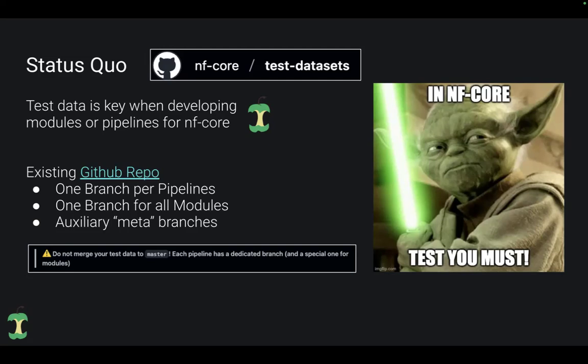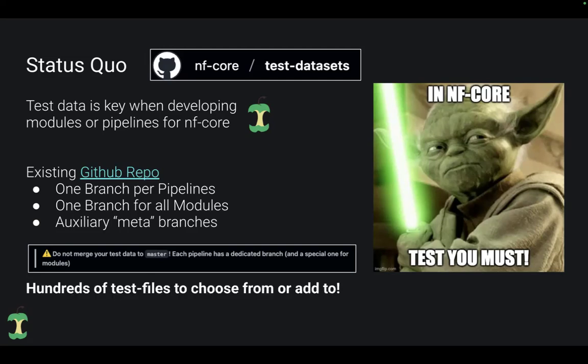It's part of the NF Core philosophy to test what we produce. Inside the repository on GitHub, we currently have a lot of branches: one branch per pipeline, a branch for all the module test files, and also meta branches for other stuff. So it's quite a lot to wrap your head around.